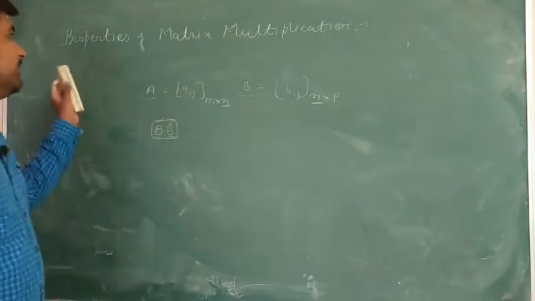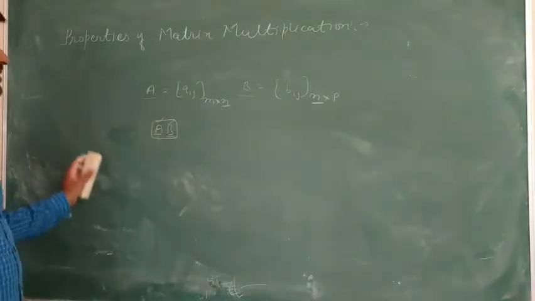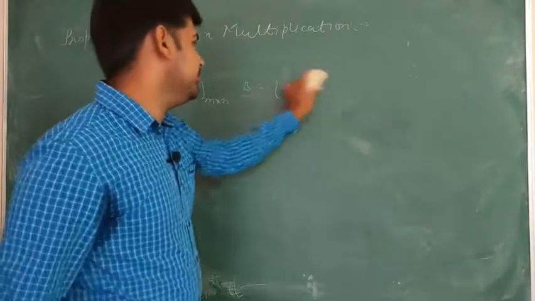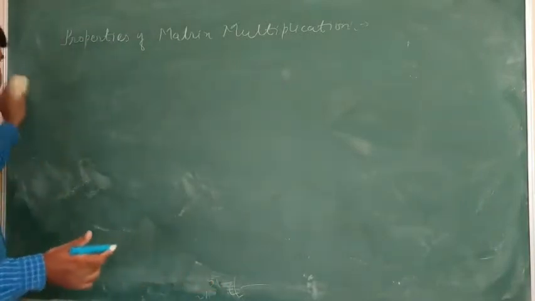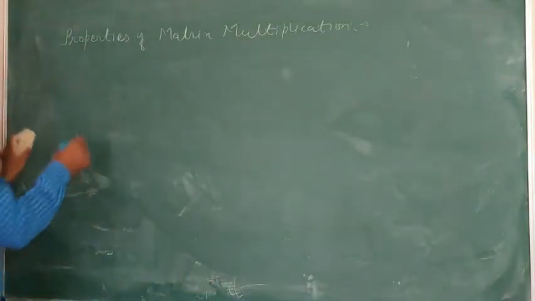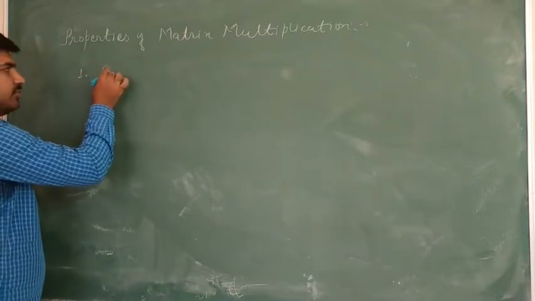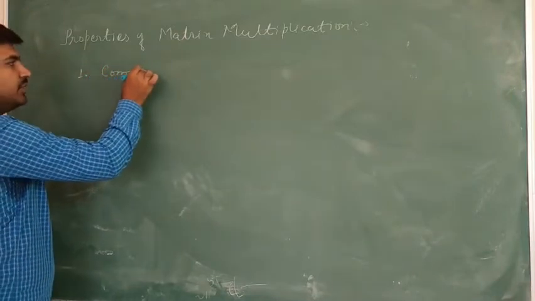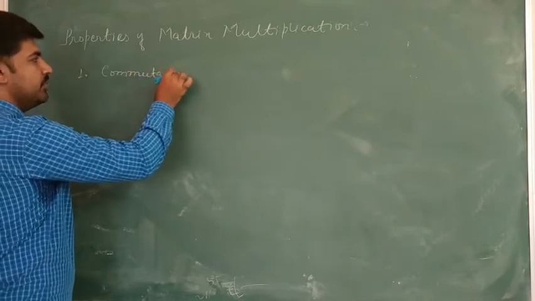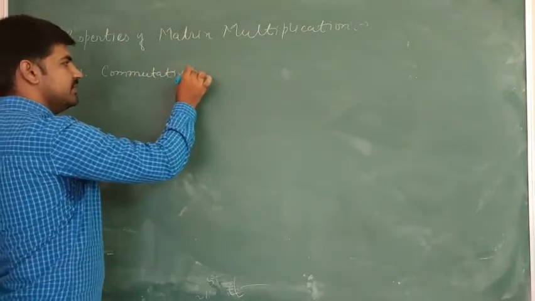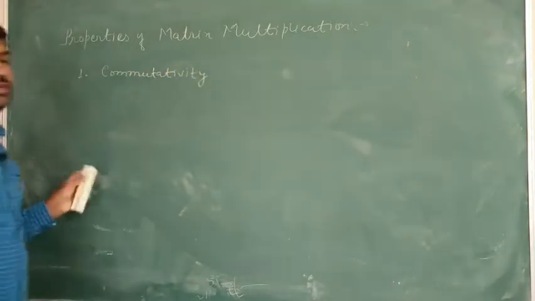So students, if I talk about the properties of matrix multiplication, the first property that might be coming to your mind, because in all of the operations on matrices we talked about the general properties, is the commutative property, or commutativity.